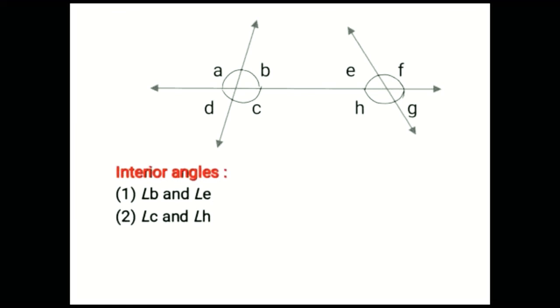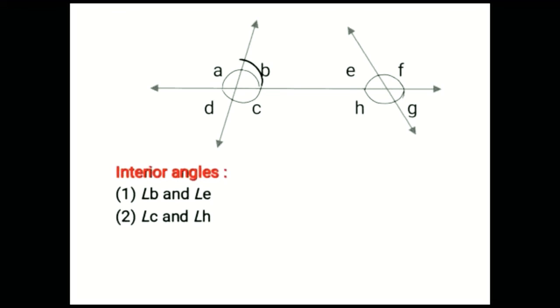I have already given you a ready-made answer, angle B and angle E, because in question number one you are not having the interior angle sum, so that's why I gave angle B and angle E, which belong to the same side. Angle B and angle E are both inside angles on the same side, that is interior angles.